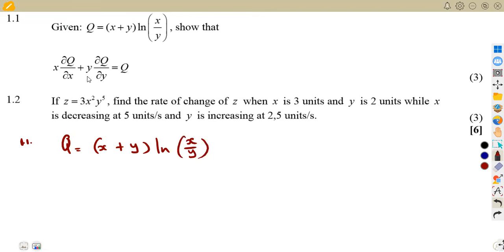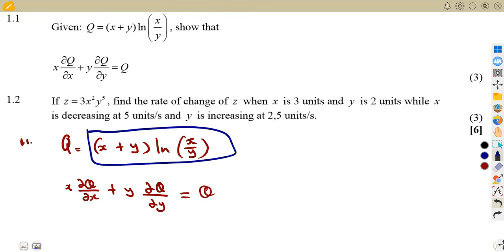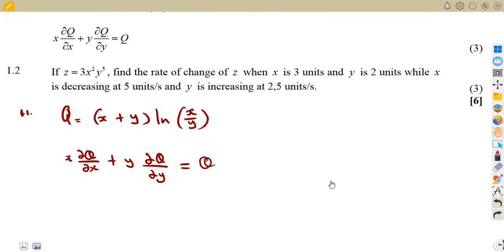Then we're asked to show that x times the derivative of Q with respect to x, plus y times the derivative of Q with respect to y, is supposed to give us Q. And Q is this part that we are given. So it's fine. Let us check what we can do.